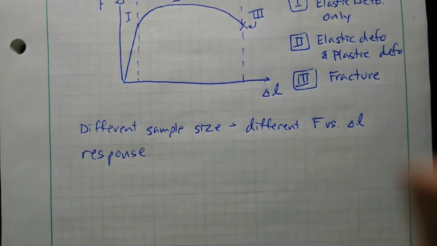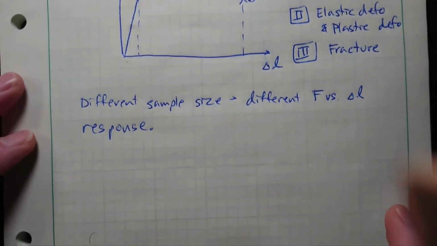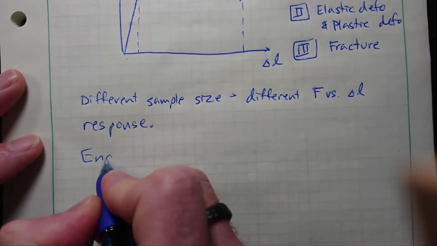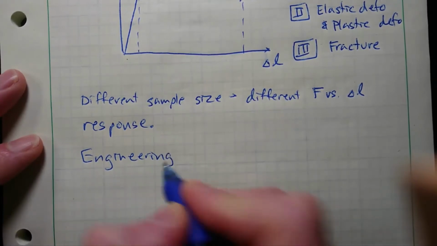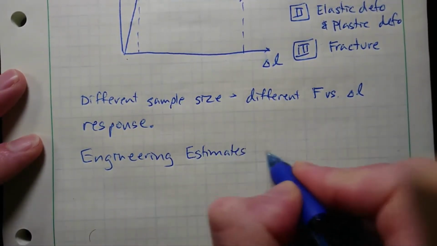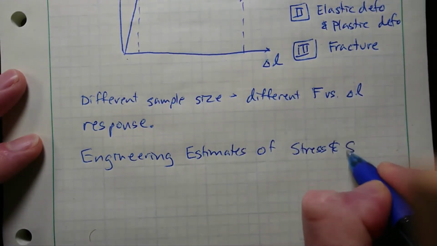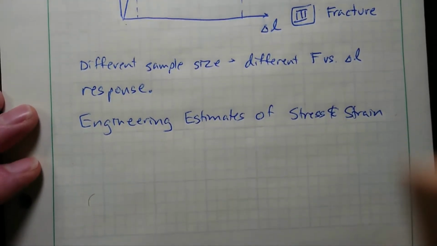With a different sample size, I'm going to get a different force versus delta L response. So to normalize the test results so they're independent of sample size, we use the concept of an engineering stress and strain. And so the engineering estimates of stress and strain are used to normalize the data.